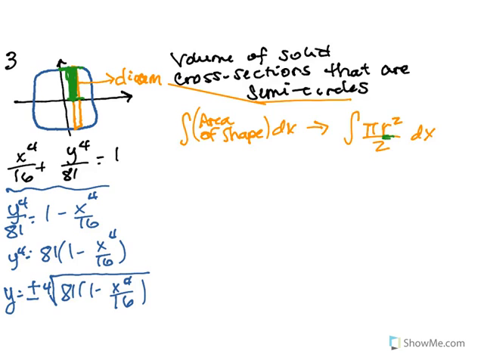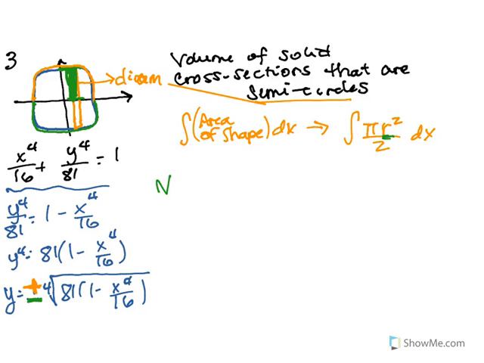The positive portion of our root is the top part of this graph, and the negative portion is going to be the bottom part of the graph. So you can see that the length of our radius is really just the top part of the graph of this function, or the positive part of this equation when we solve for y.